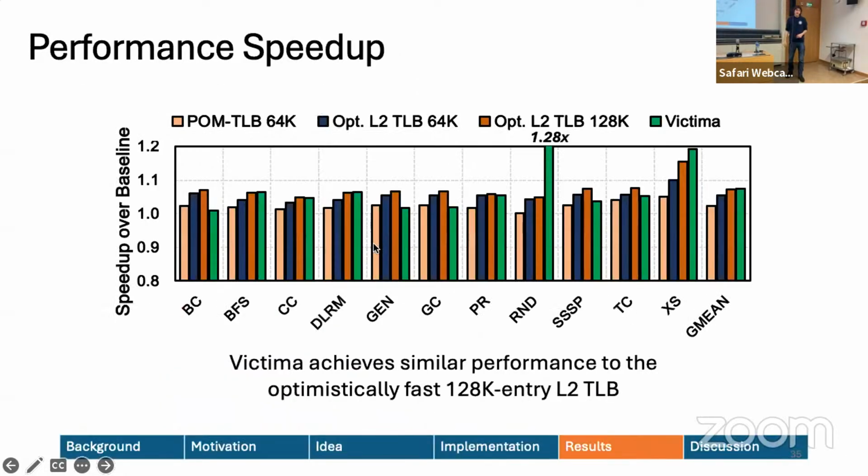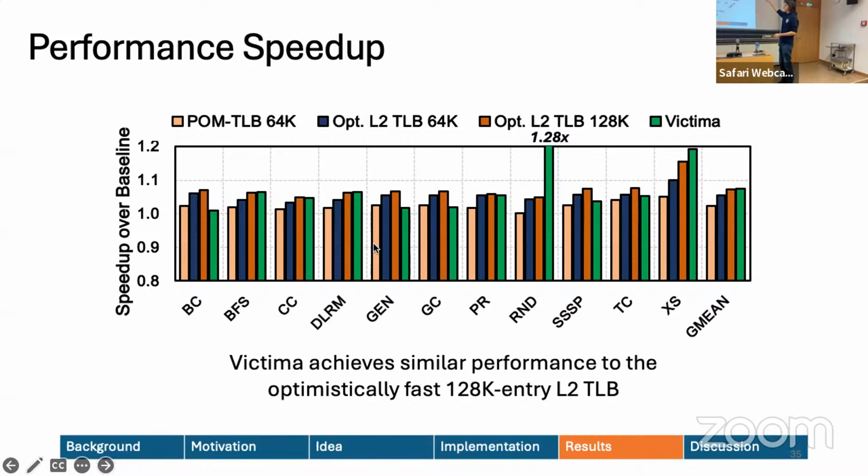And then we get some results. Let's take a look at them. On the x-axis, you see the benchmark. On the y-axis, you see the speedup over the baseline. The baseline is at 1.0, in case you were wondering.